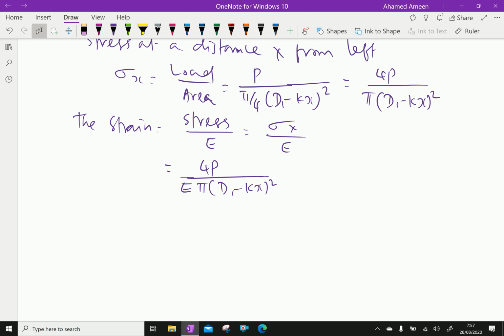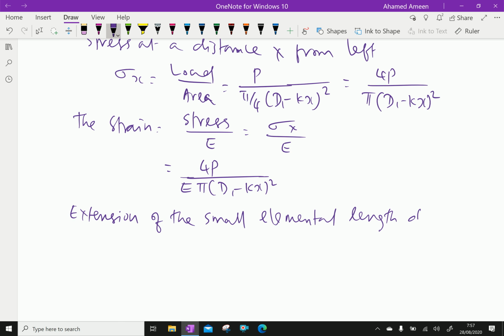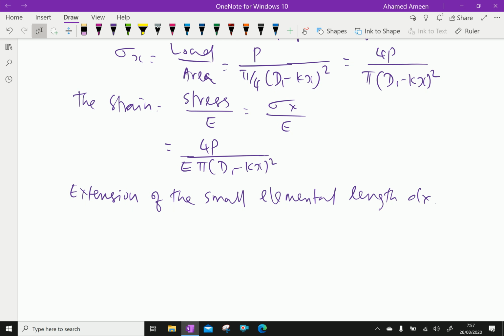Now due to this, the extension of the small elemental length, d delta, equals strain into dx, that is 4P over pi E (D1 minus kx) whole square into dx.